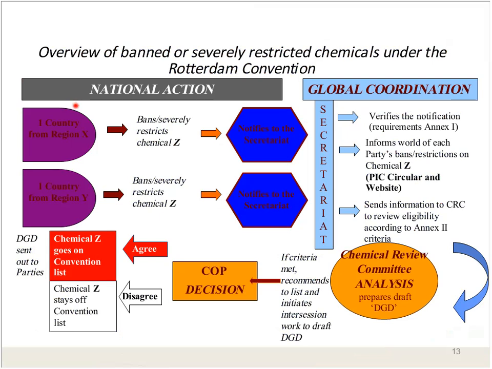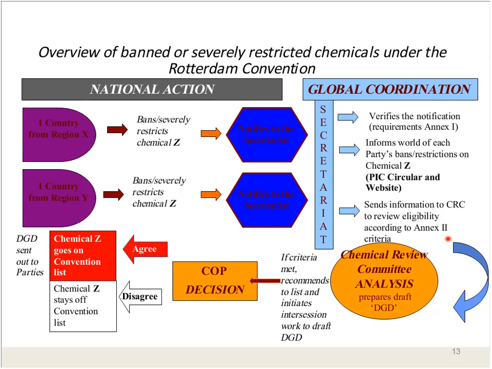If a country from a region X bans or severely restricts a chemical Z, notifies the Secretariat, and the Secretariat verifies that the notification fulfills the information requirements of Annex 1, the Secretariat will inform the world in the PIC circular that each party has banned or restricted this chemical Z. And if another country from region Y bans or severely restricts the same chemical Z, notifies the Secretariat, and the notification is a valid one, then the Secretariat will send information to the CRC.